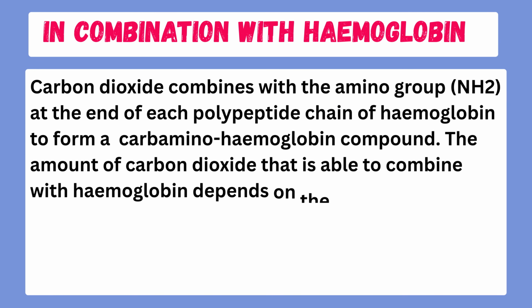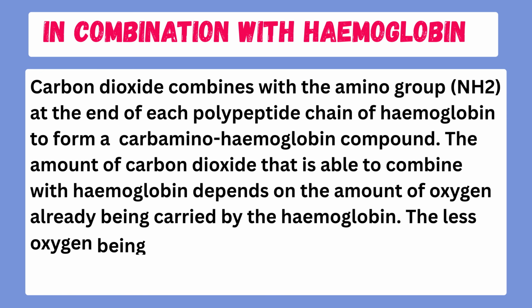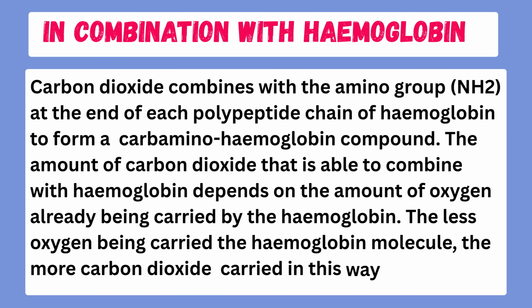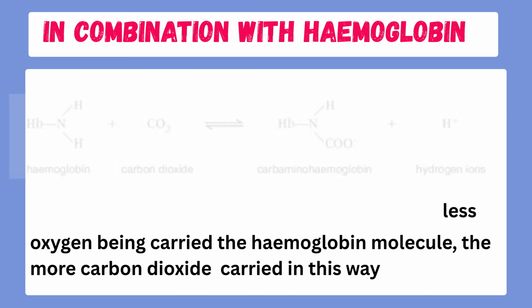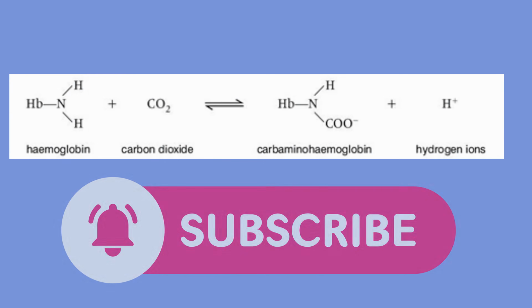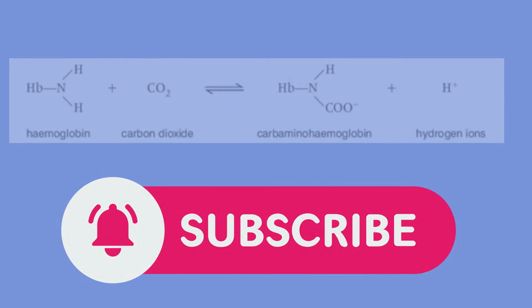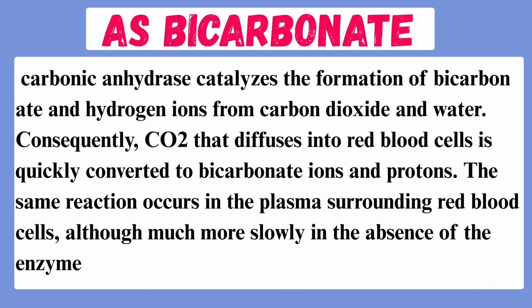In combination with hemoglobin, the carbon dioxide combines with the amino groups, forming a carbaminohemoglobin compound, and therefore the amount of carbon dioxide that can be transported depends on the amount of oxygen already being carried by the hemoglobin. As you can see in the equation, hemoglobin with carbon dioxide forms carbaminohemoglobin and hydrogen ions, and these later combine with hemoglobin to form hemoglobinic acid.